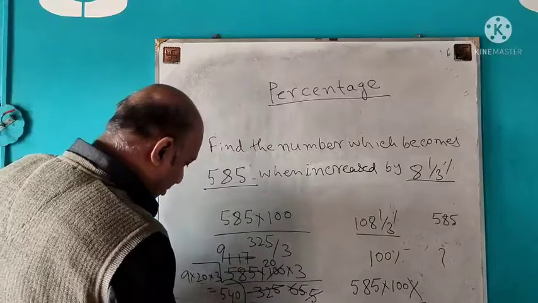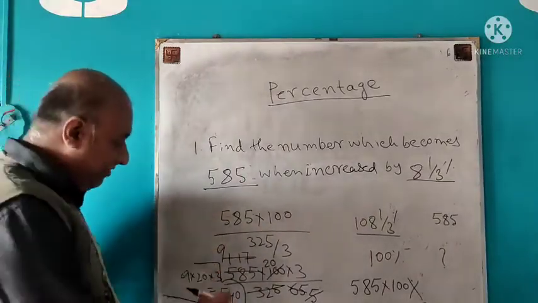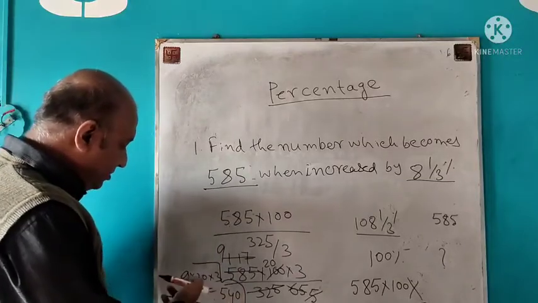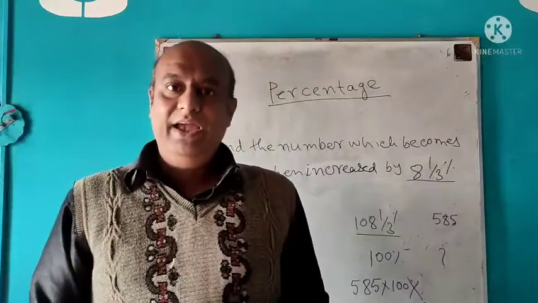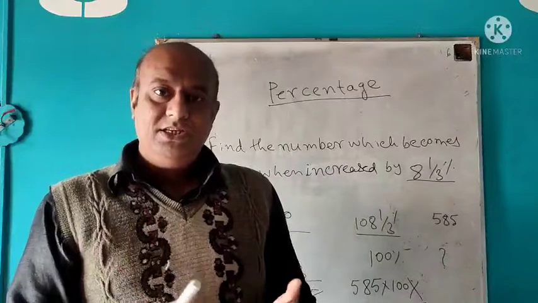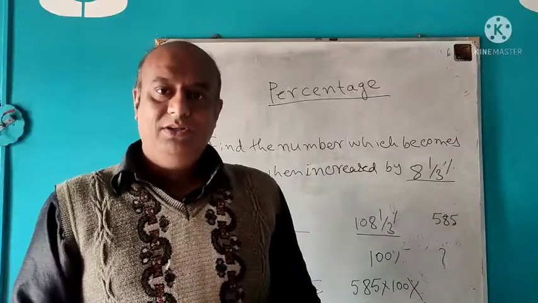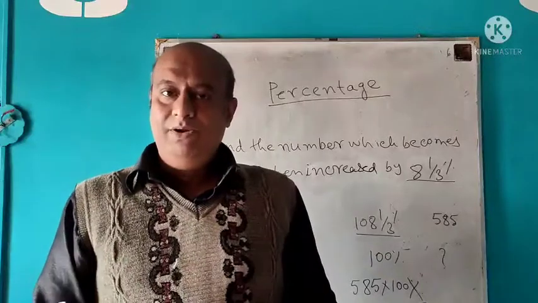The original value that we are calculating is 540. So in this way, without taking x, we can calculate a similar type of problem just by taking into consideration the increased or decreased percentage. Hope you have understood this.